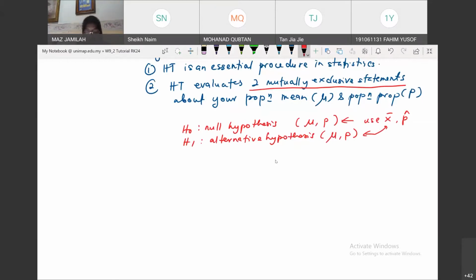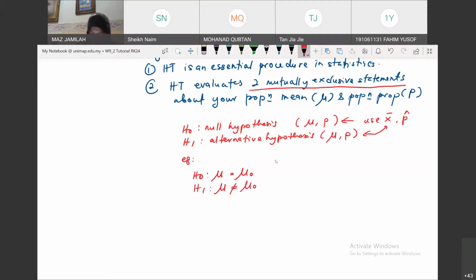If I can put that statement into a simpler form, the first statement, for example, will be null: mu equal to mu not, and the alternative would be mu not equal to mu not.